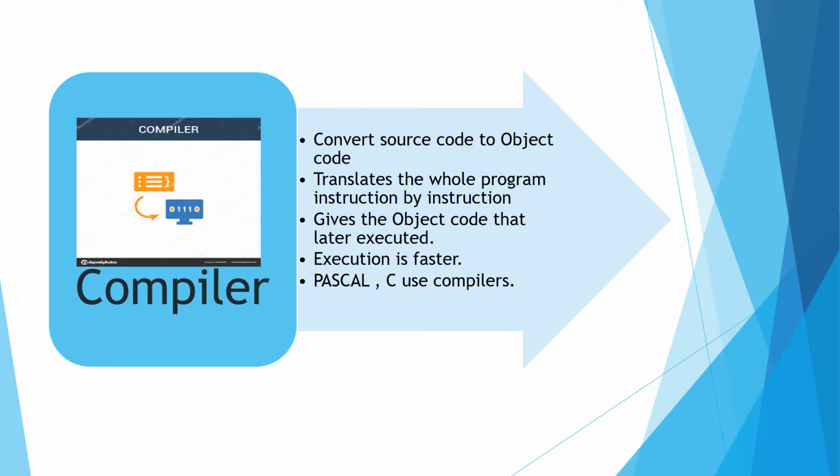There is more memory requirement since the object file is created by the compiler, and a list of errors is generated after the entire program is checked by the compiler. Examples of languages that use a compiler for the compilation process are Pascal and C.